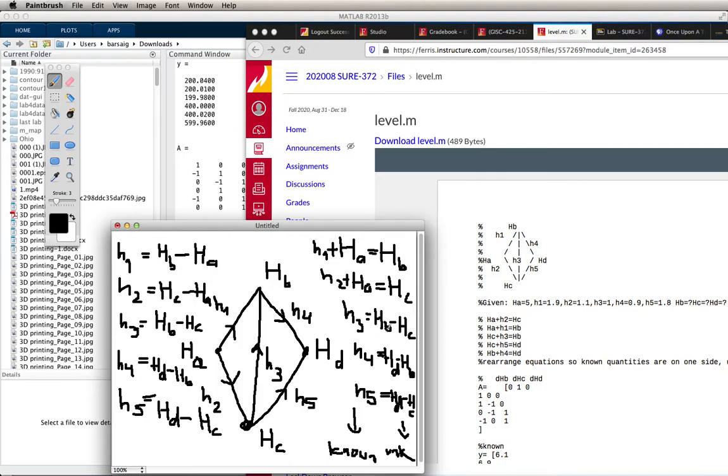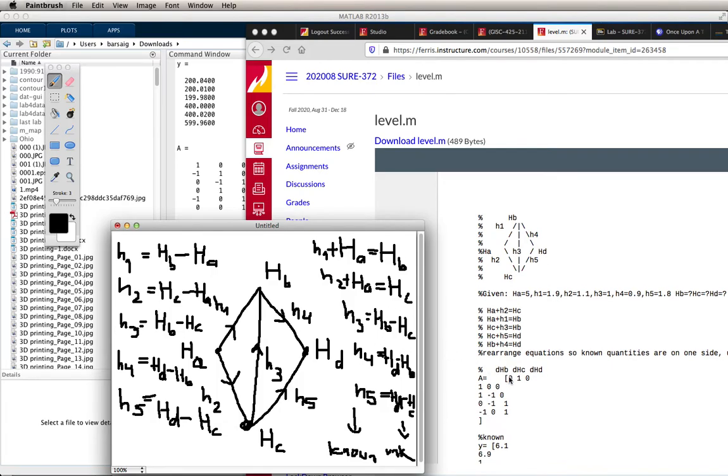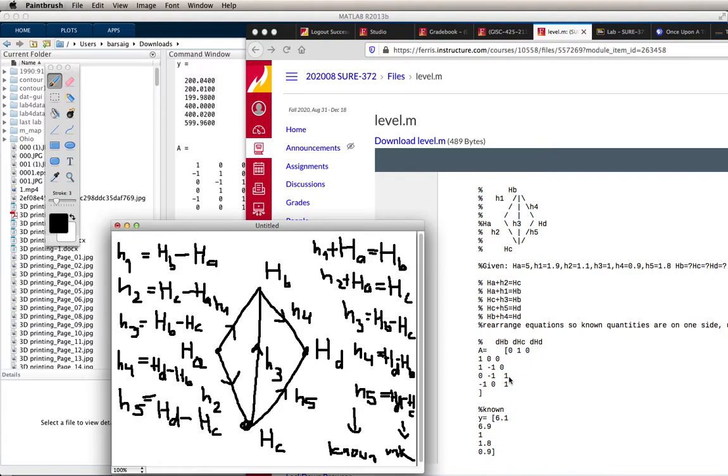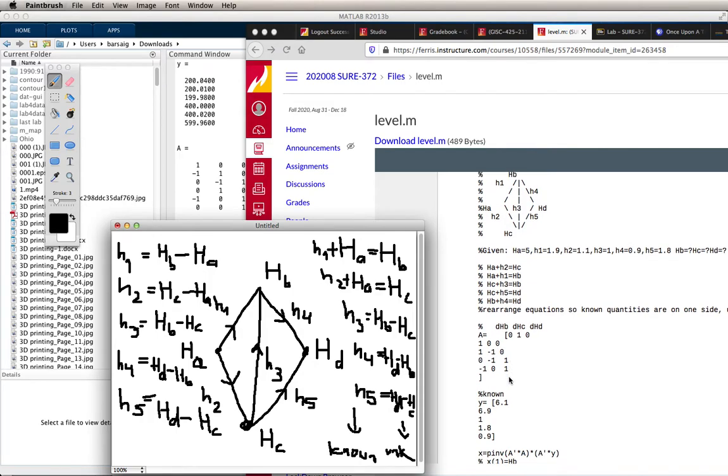This is our third equation, HB, HC, 0. This is going to be our fourth equation, HD minus HC, and HD minus HB. So the order is going to be slightly mixed in this one, but that doesn't matter as long as the order is consistent.